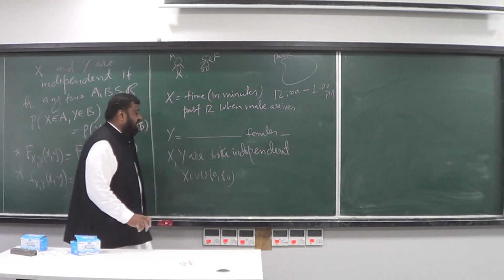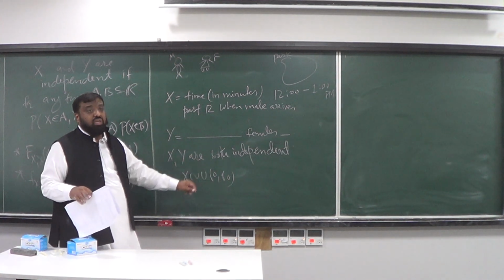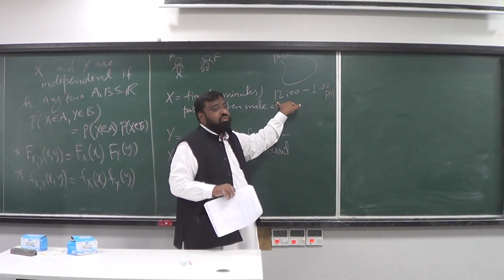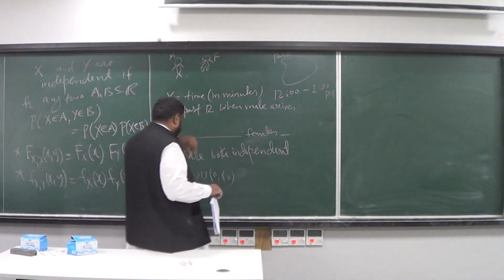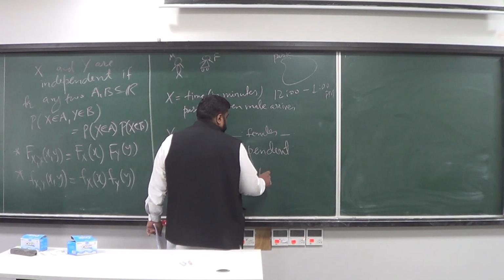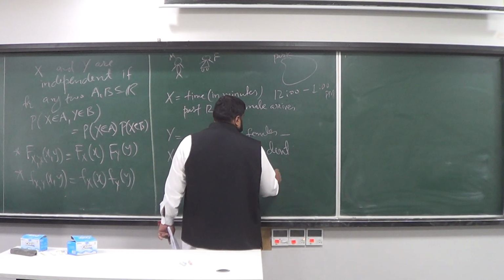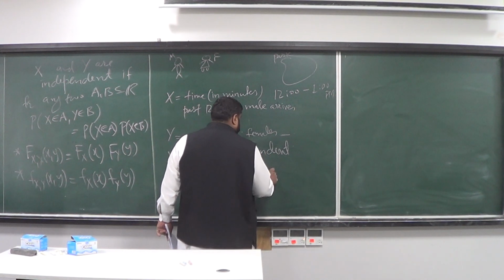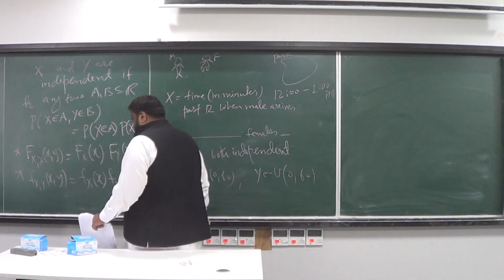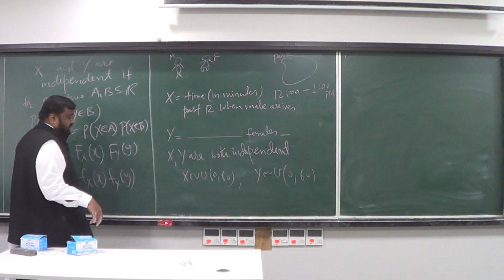In other words, X can arrive at any time between 0 and 60 minutes, where 0 represents 12 noon and 60 represents 1 p.m. Similarly, Y is also uniformly distributed.